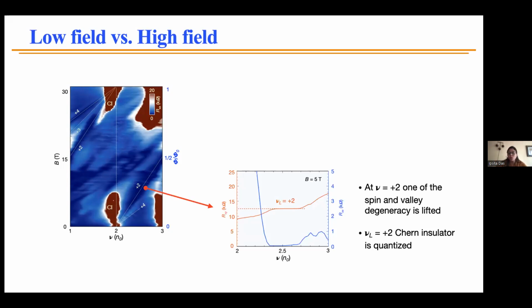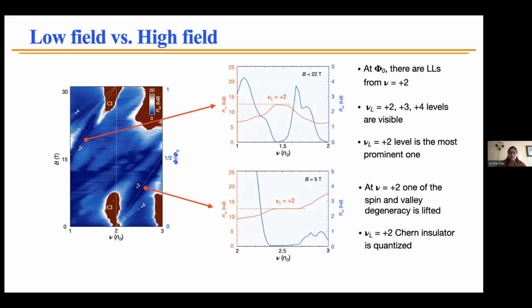So this was my low magnetic field data, but at high magnetic field, again, from this correlated insulator, I have one Landau level which has the filling factor +2, which means that in the system, the symmetry is still kind of similar to zero field. So at low field and high field, they're kind of similar, because I showed you earlier that at lower field, you have Chern insulator +2 from filling factor 2. And that kind of remains similar at high magnetic field as well.